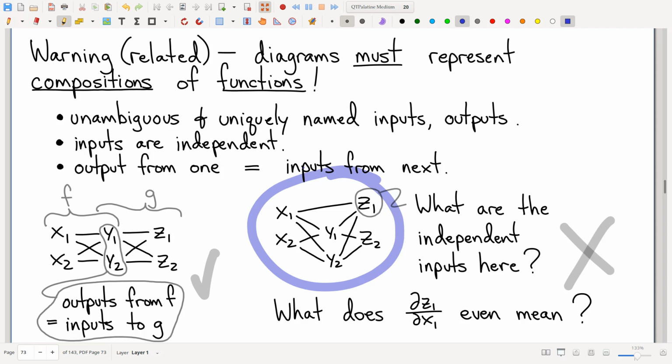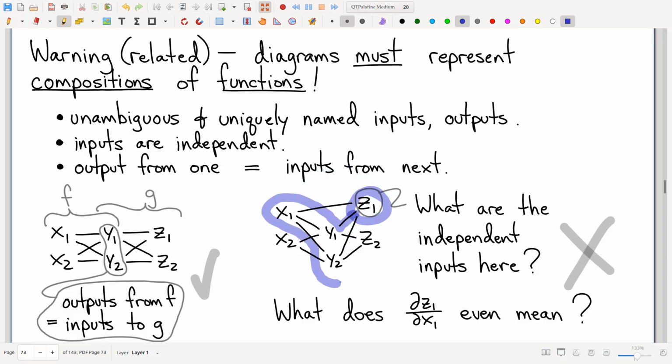Right? What are the two functions that I'm composing here? Look at this weirdness. This variable appears to be a function of, well, y1 and y2, right? But also x1. One of the inputs to the second function, it would seem, is also an input to the first function, it would seem.